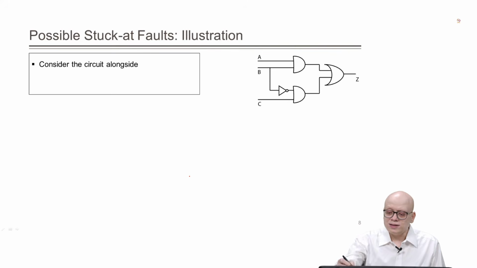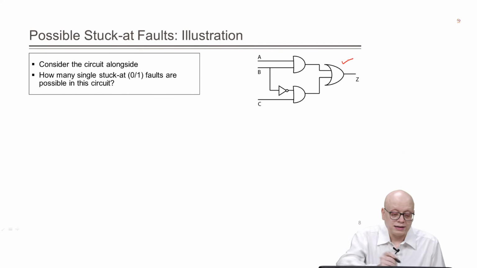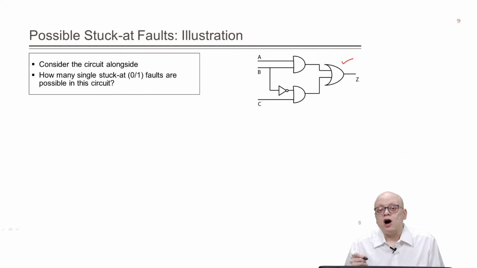Okay. Now, consider this circuit. Suppose this circuit was given to us, and we are asked how many single stuck-at faults are possible in this circuit. To find out the number of possible stuck-at faults in the circuit, we need to first find out how many fault sites there are for this circuit.